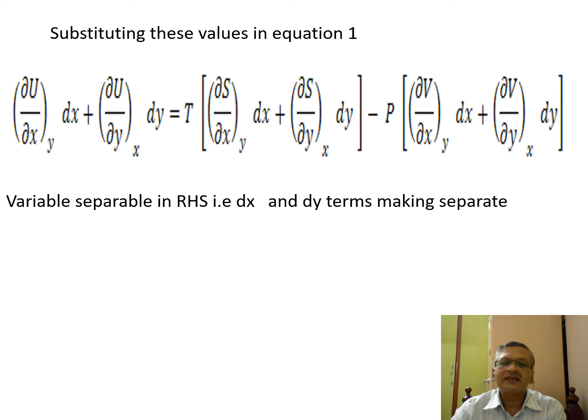That is, dV is given by dou V upon dou x keeping y constant into dx plus dou V upon dou y keeping x constant into dy.